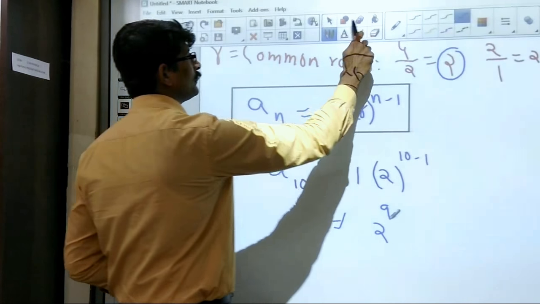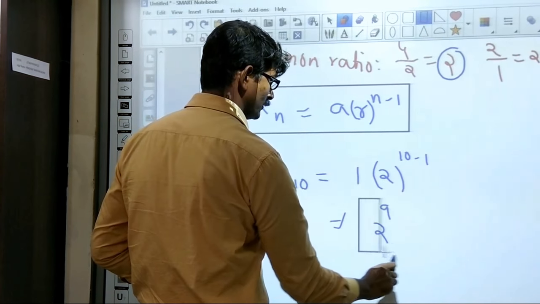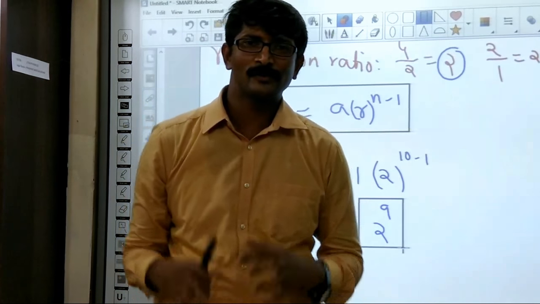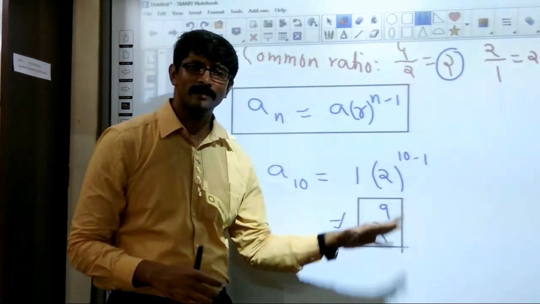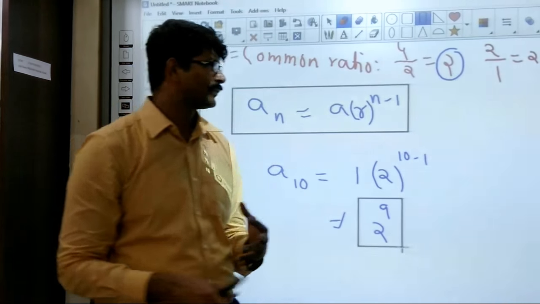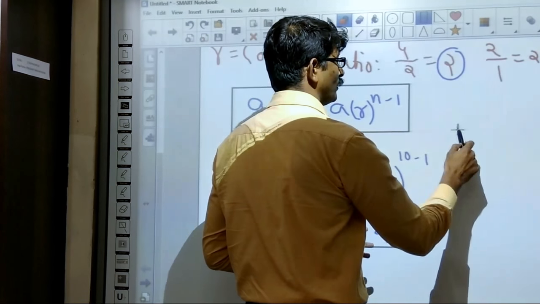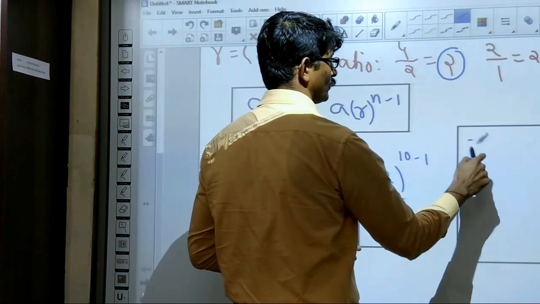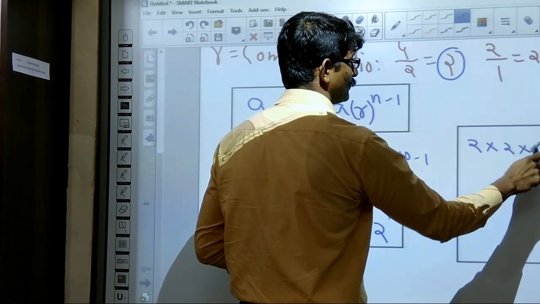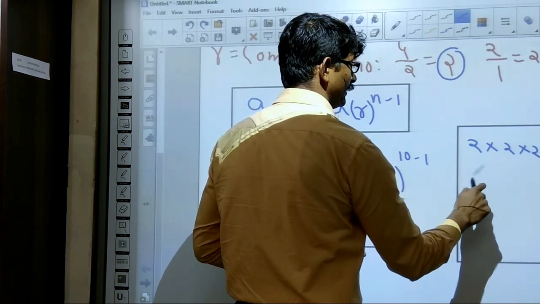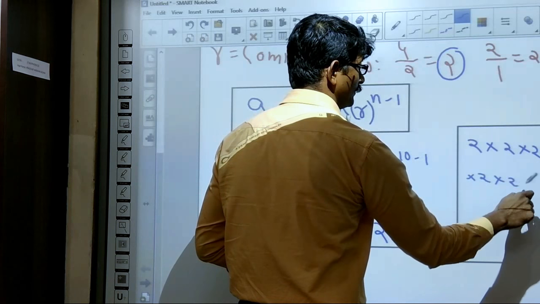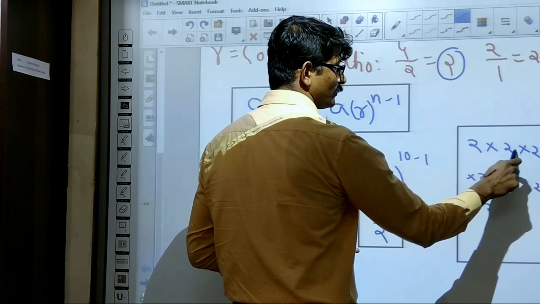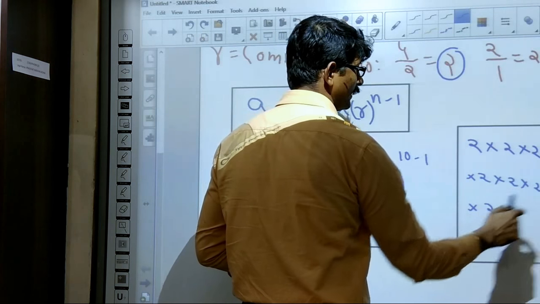So one can leave the answer over here. Some people are anxious to know what 2 raised to the power 9 is. It is 2 into 2 into 2, nine times: 1, 2, 3, 4, 5, 6, 7, 8, 9.